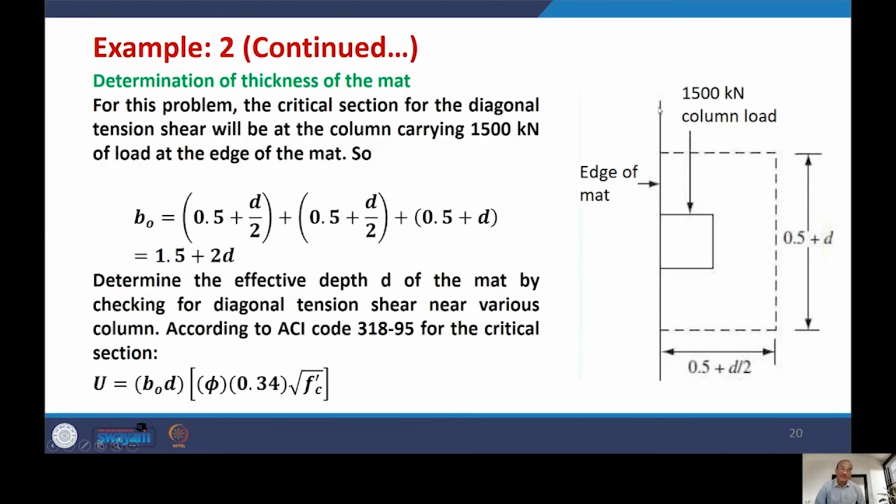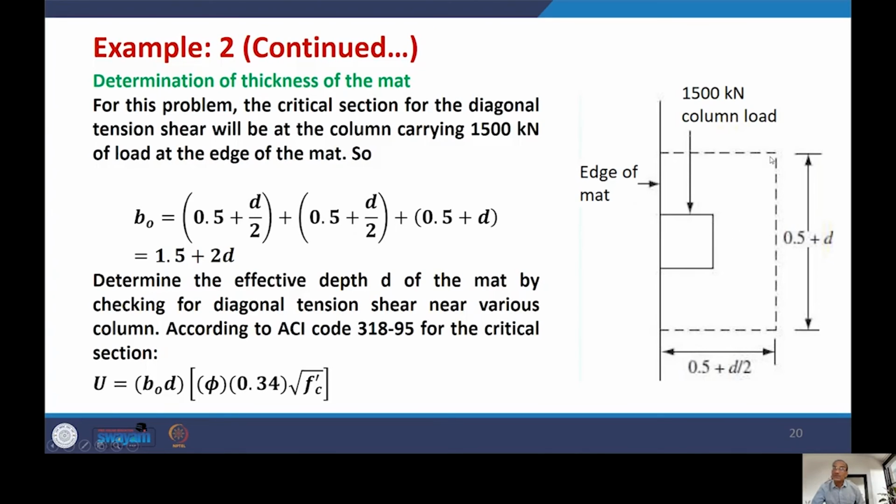So critical section will be where the 1500 kilonewton load is acting near the edge. In this case, the total periphery along this column, b naught, is calculated here. 0.5 meter is this distance. So you will have 0.5, and this is D by 2 here, D by 2 this distance.